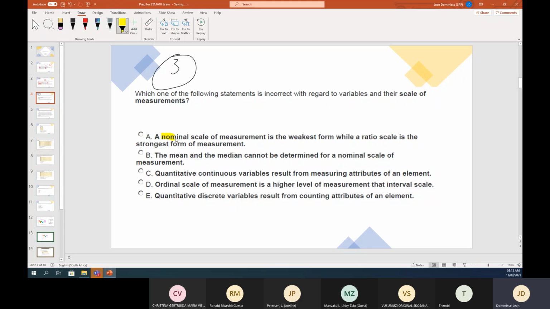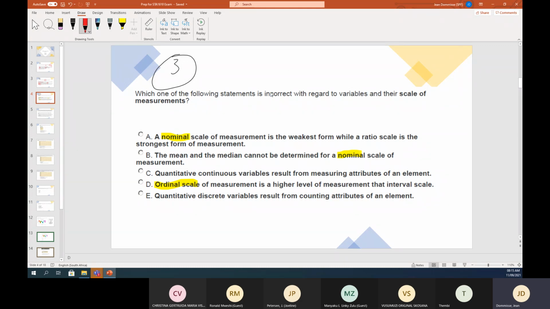So you will see now they've added the nominal. Somewhere they probably need to add ordinal as well. So this is basically the third type of question that they can ask around study unit 1. It's the definition, then types of variables, and then levels of measurement.